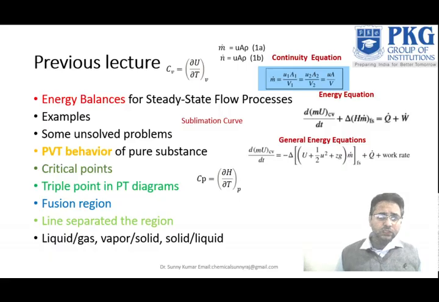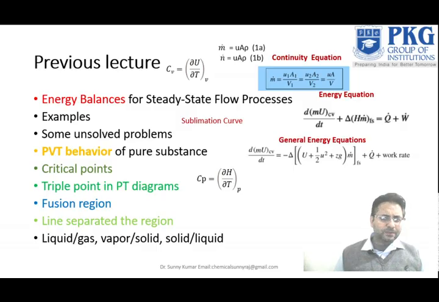Okay, and then we went to the PVT behavior of pure substance, where we discussed the pressure and temperature diagram, where we find points like the sublimation curve. Sublimation is a process when a solid directly changes to gas, like when you burn camphor, it directly changes into gas, not passing through liquid.